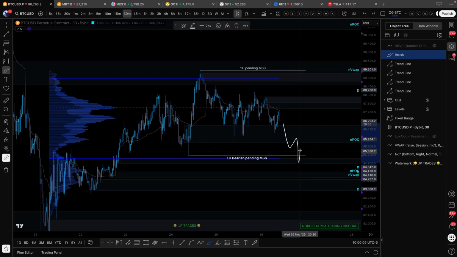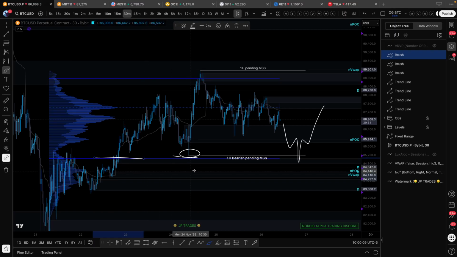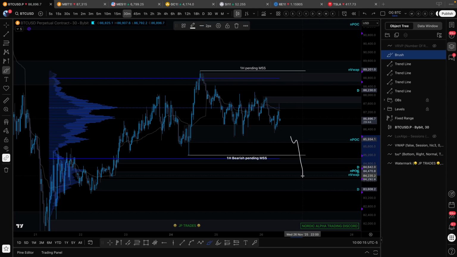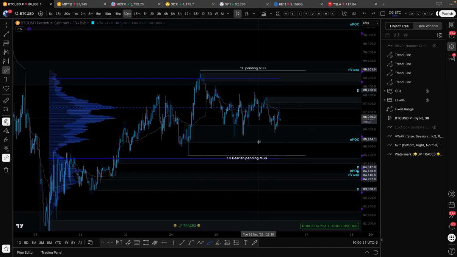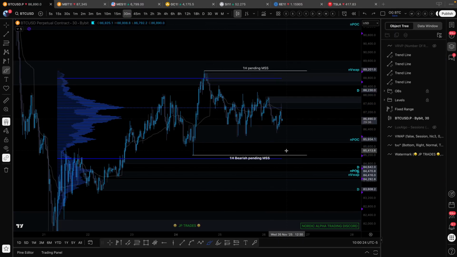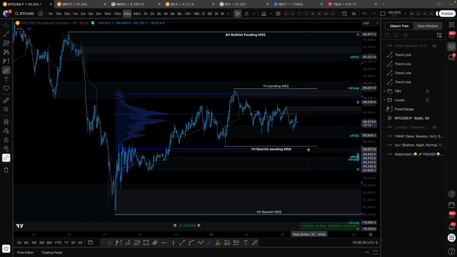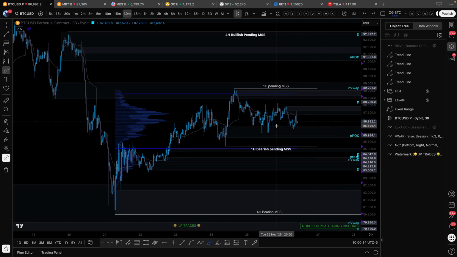However, I would love to sweep that low, 1 hour low, into the value area low here, into this order block, or even lower, hit that one, then come back above this low for a nice SFP up. That would still maintain 1 hour bullish market structure. And then we could look to take that trade from here or here all the way up to here.